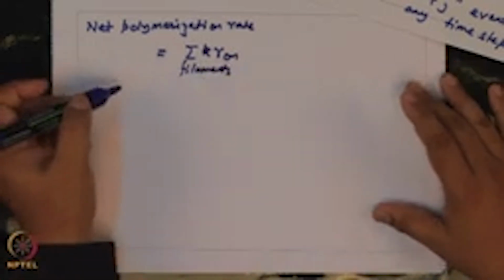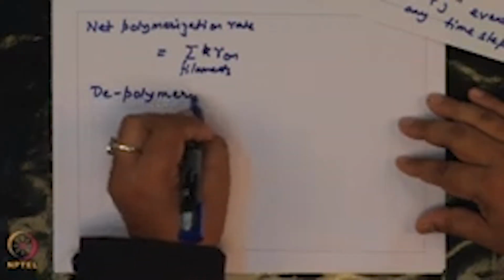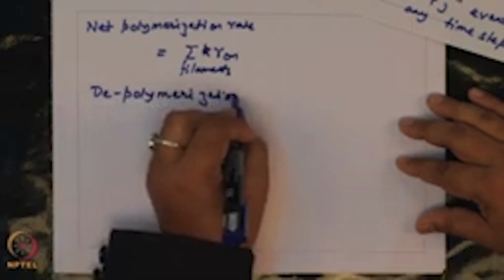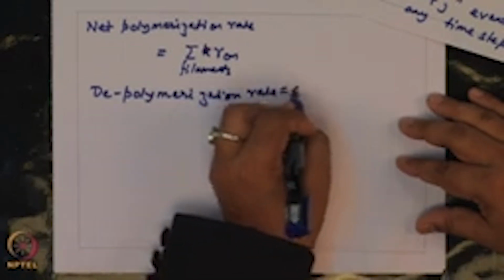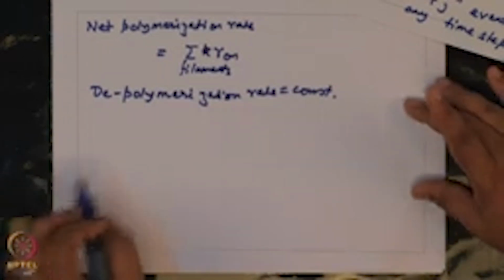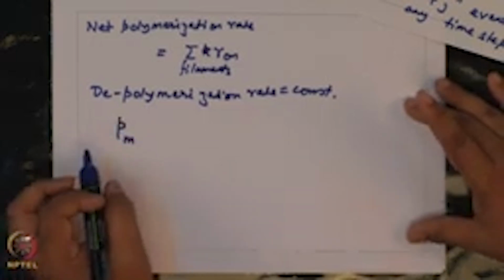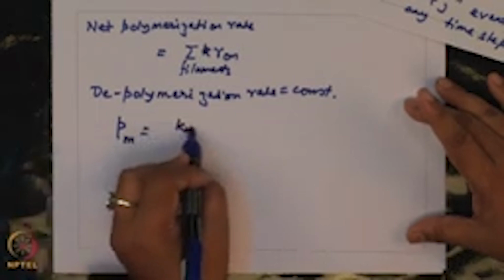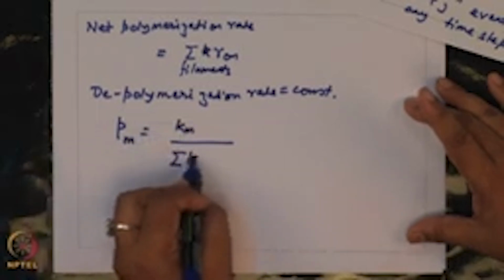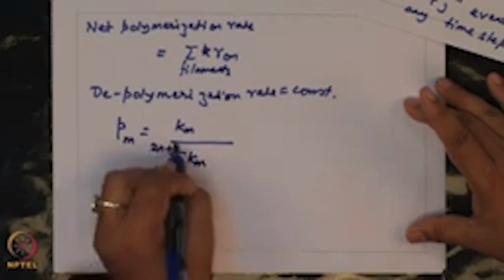Similarly, you can find the net depolymerization rate. Typically in these simulations the depolymerization rate is constant. And you can have the branching rate also. So, in essence you can find out the probability of each event. This is going to be that particular event's rate divided by the summation of k_m, m equal to 1 to 2n plus j.